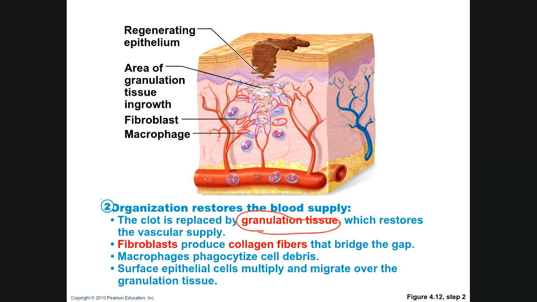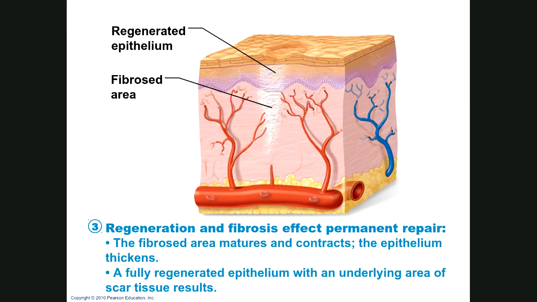Collagen fibers are formed that bring together the broken pieces of the tissue, and the excess of collagen being secreted will lead to a scar forming on the area that was repaired. So you should have an idea of inflammation, and definitely know the definition and the signs and symptoms of inflammation: redness, heat, swelling, and pain.